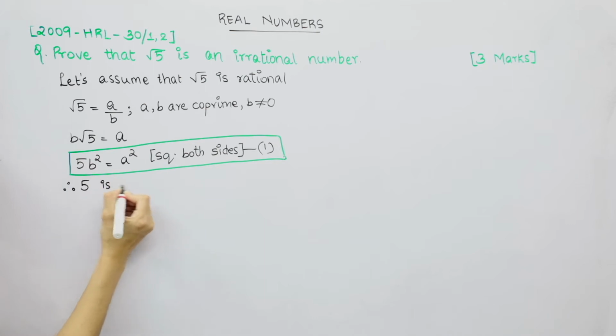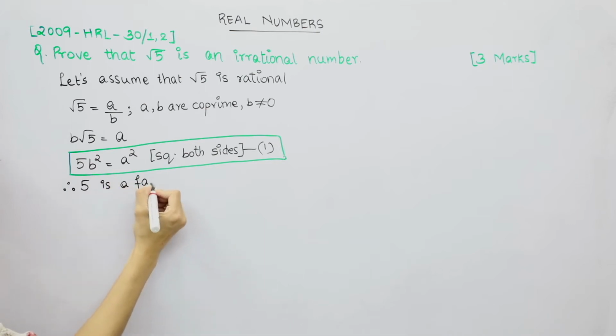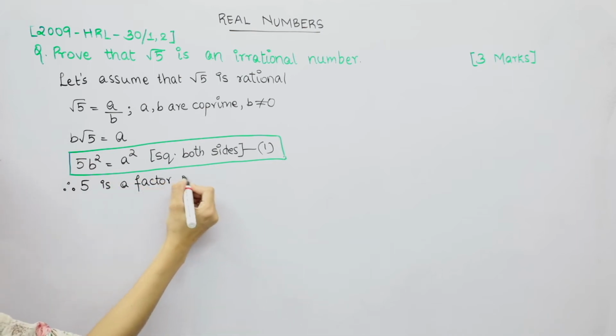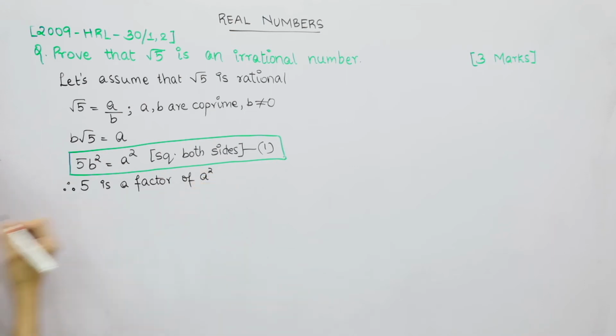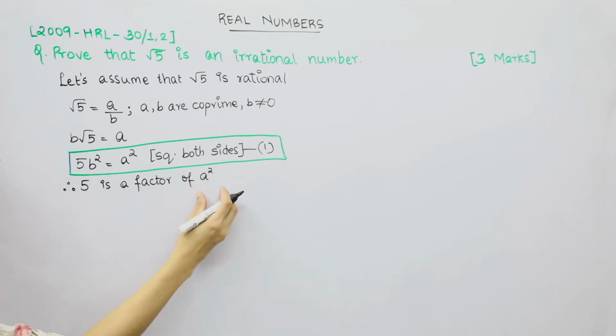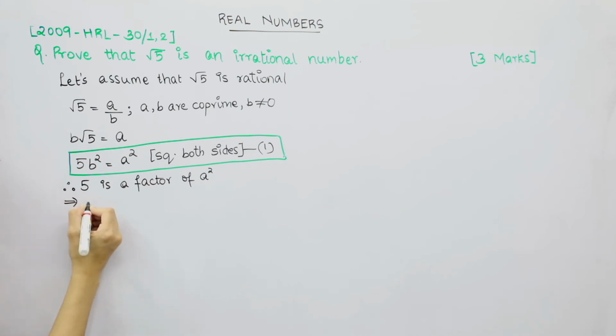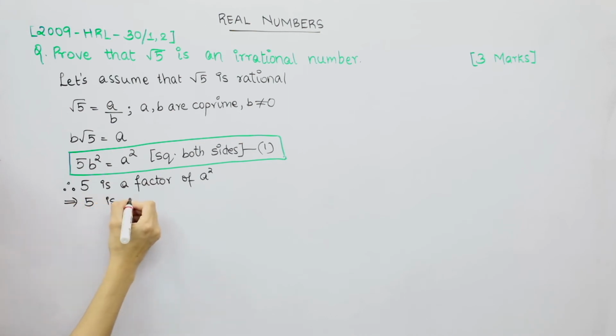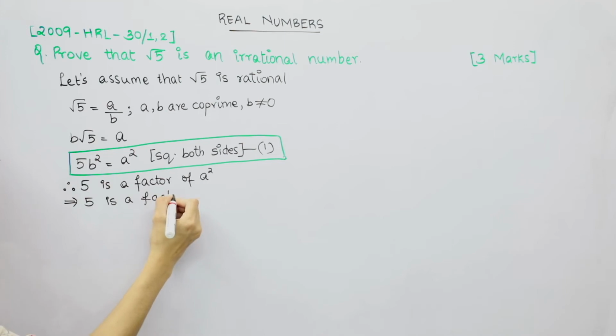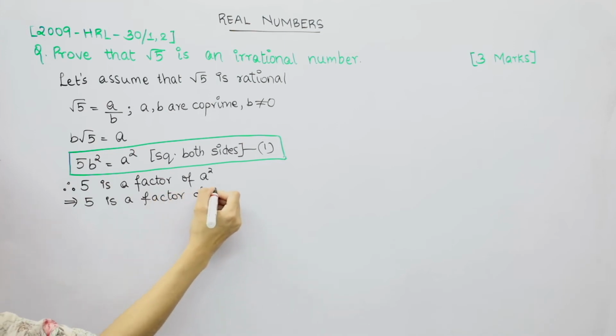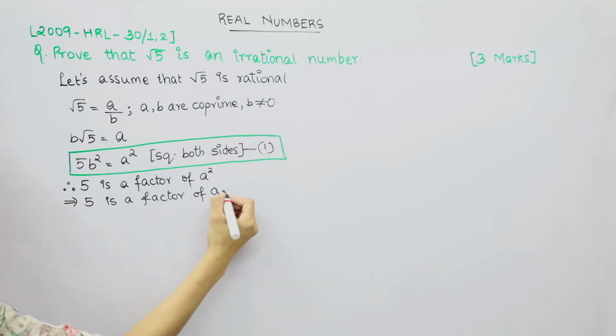Therefore, 5 is a factor of a square. If 5 is a factor of a square, it implies that 5 is a factor of a. This is from a theorem that we studied in this chapter: if a prime number divides a square, then it also divides a. So this becomes our statement 2.